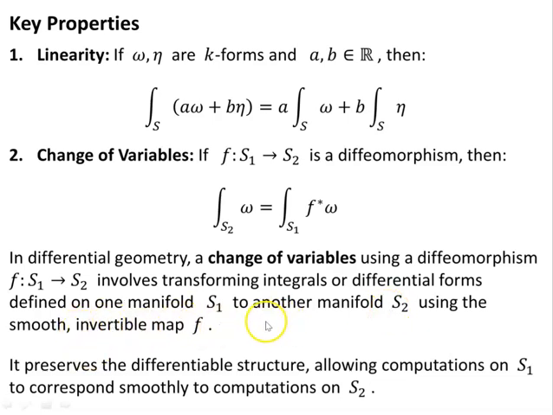Okay, so far so good. All right, but what does all that mean? So it preserves a differentiable structure, allowing computations on S1 to correspond smoothly to computations on S2. And that's the beauty there of the diffeomorphism. It preserves the differentiable structure so that computations on both can be carried out and carried over from one to the other.